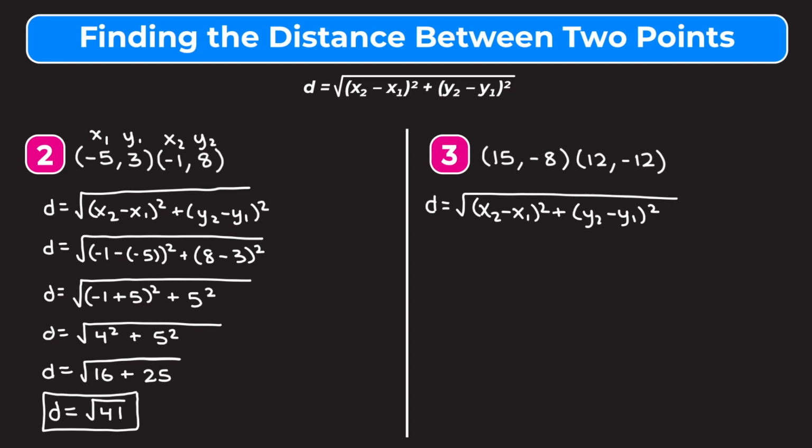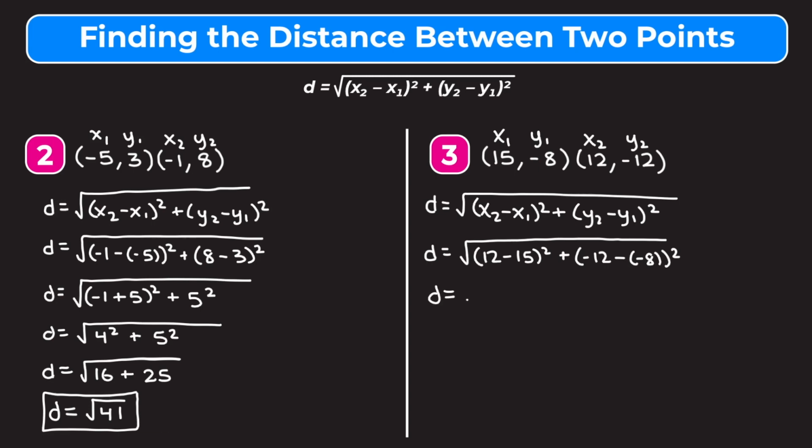I'm going to label my points x1, y1, x2, y2, and now I'm just going to plug those in. So I have distance is equal to the square root of x2, which is 12, minus x1, which is 15, squared, plus y2, which is negative 12, minus y1, which is negative 8, squared.